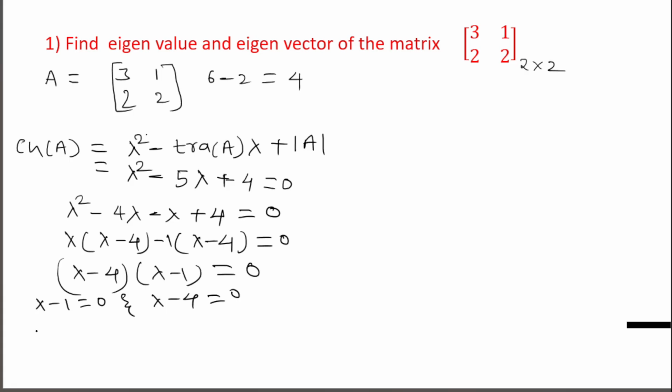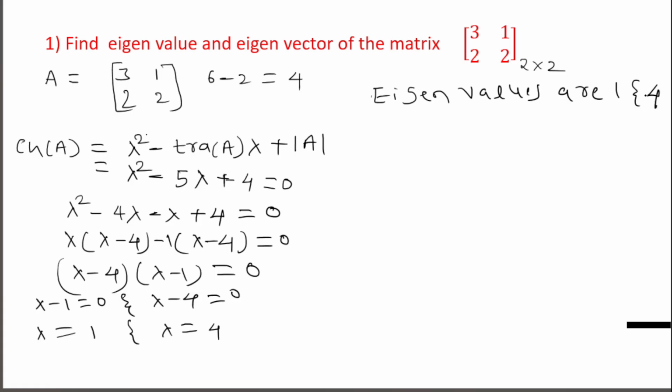Then lambda is equal to 1 and lambda is equal to 4. These two are the eigenvalues of this matrix. Hence the eigenvalues are 1 and 4.